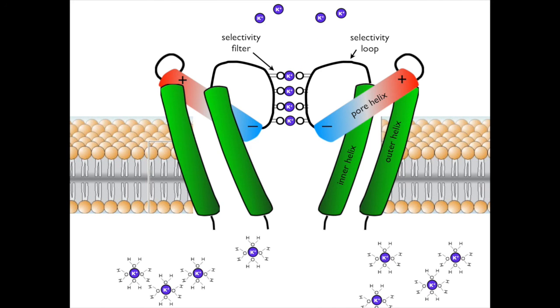So long as the gate is open, hydrated potassium ions are continuously driven into the vestibule, stripped of their water, and the process is repeated. It's a bucket brigade. In short, there is an outward flow of potassium ions from the inside to the outside of the cell, driven by the potassium concentration difference, where the selective flow of potassium ions is due to the operation of the selectivity filter.